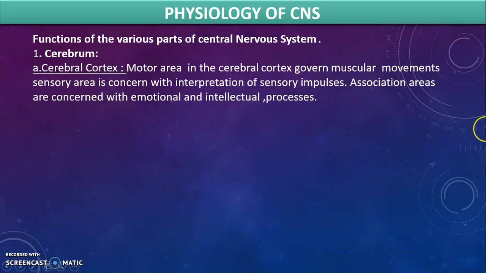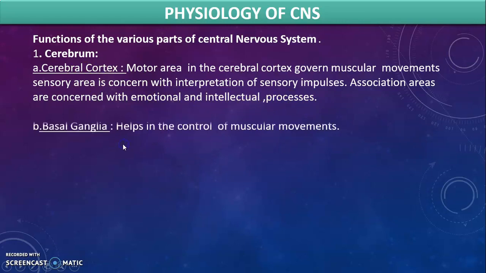The sensory area is concerned with the interpretation of the sensory impulses. The association area is concerned with the emotional and intellectual processes. Here in the cerebral cortex, emotional and intellectual processes are carried out.